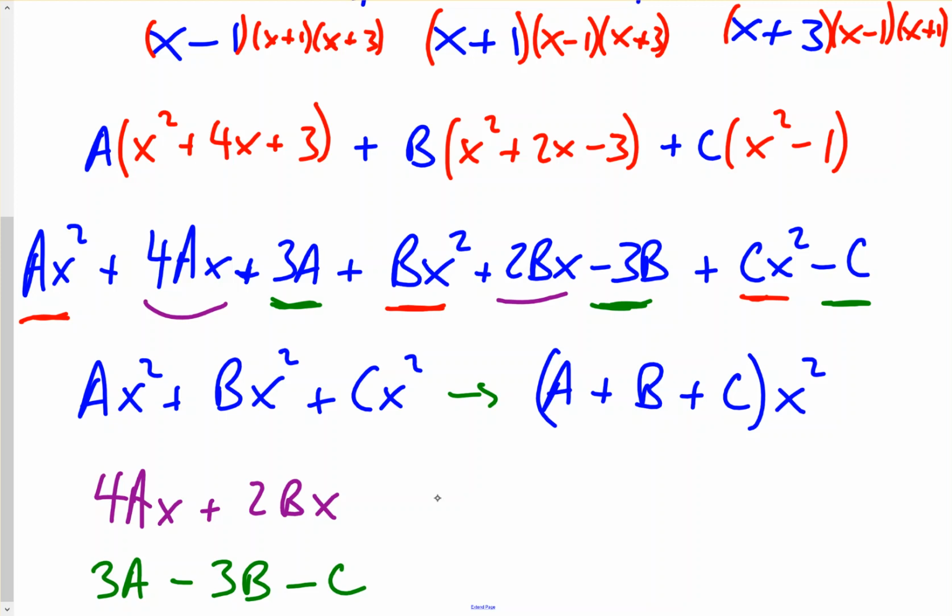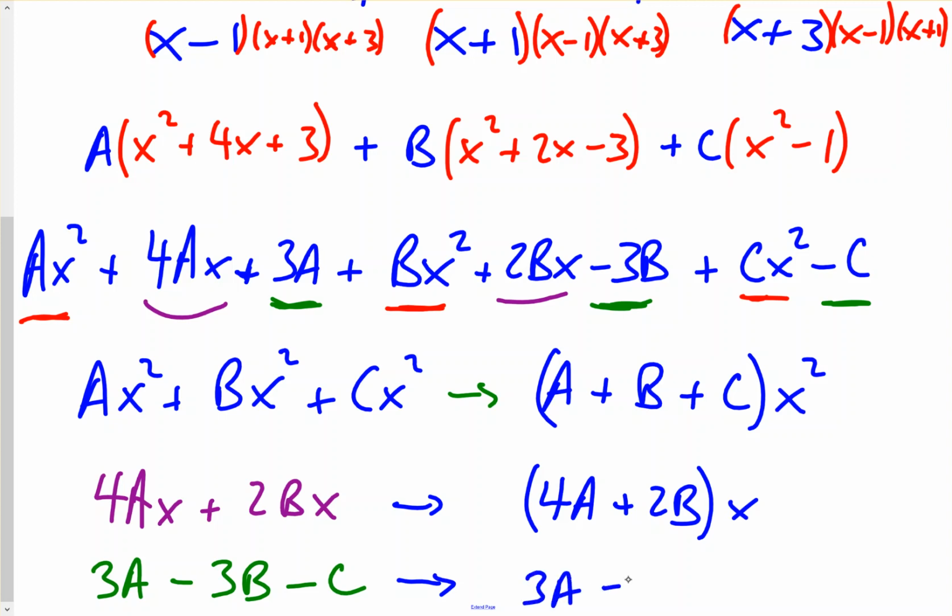And then for the ones with the x's, if we factor out the x to the right side, that would mean that we have 4a plus 2b, times x. And then for the last one, that would just be the way it is, 3a minus 3b minus c.